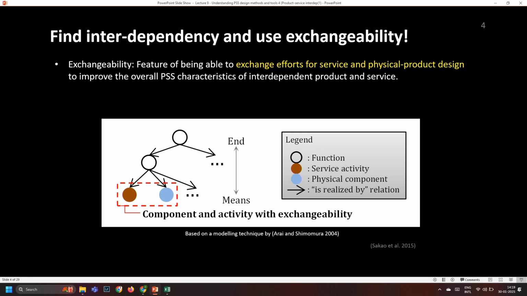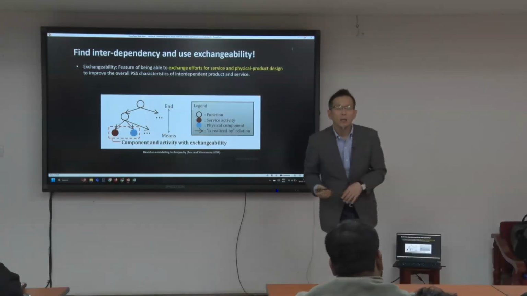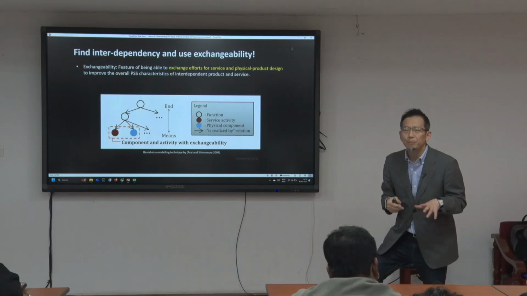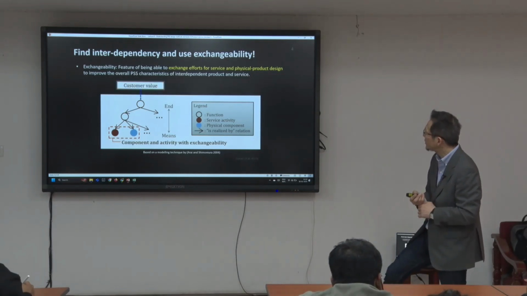The definition of exchangeability is a feature of being able to exchange efforts for service and physical product design to improve the overall PSS characteristics of interdependent products and service. You have seen this tree structure in the lecture of FMEA. So the same kind of tree structure is what you're looking at.